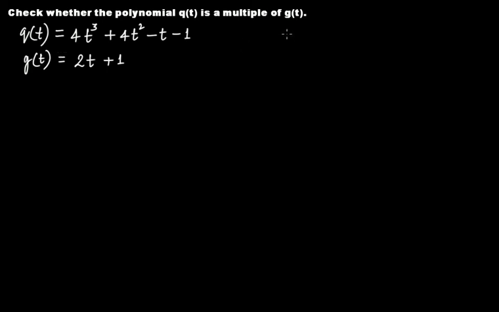If we say that 4 multiplied by 3 is equal to 12, or 3 multiplied by 4 is equal to 12, then if we say that 12 is a multiple of 4, what does it mean? It means that when you divide 12 by 4, the quotient is 3 and your remainder comes 0.